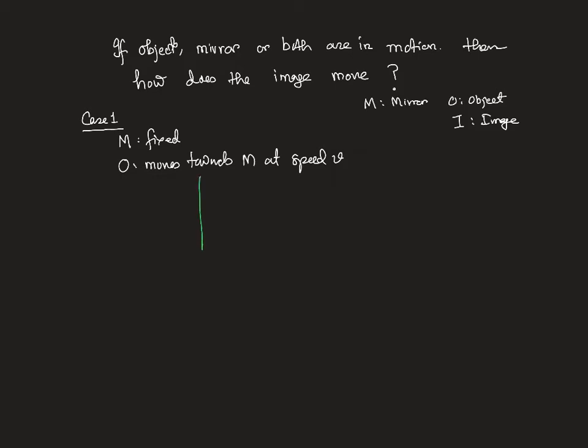M is fixed and O moves towards M at speed v. And how does I move? I means image.